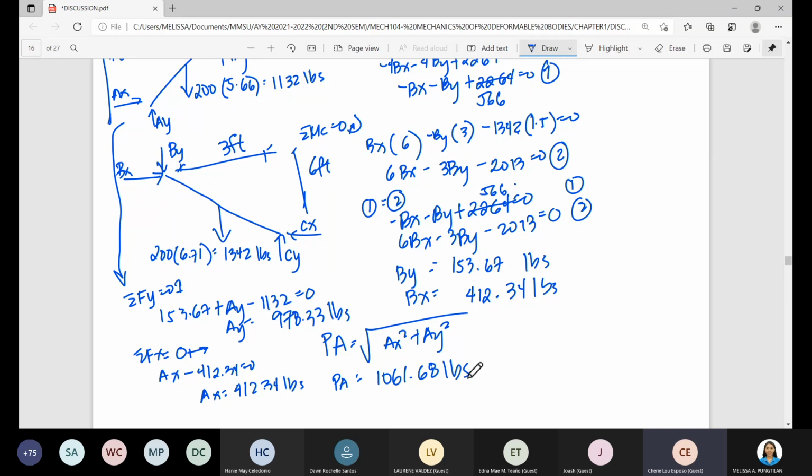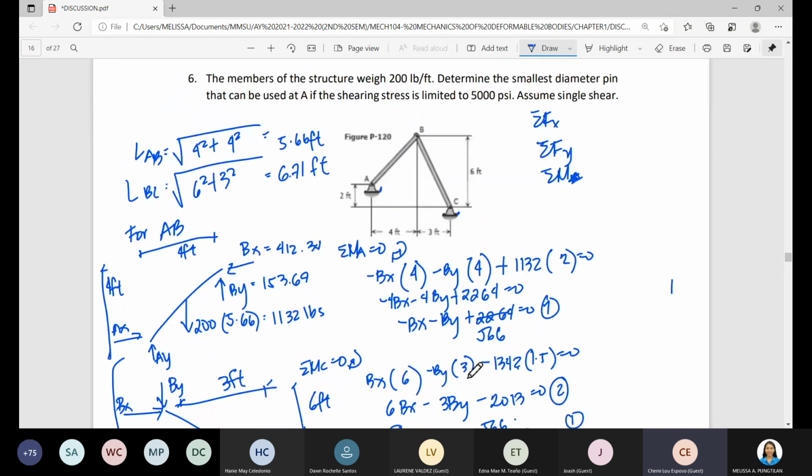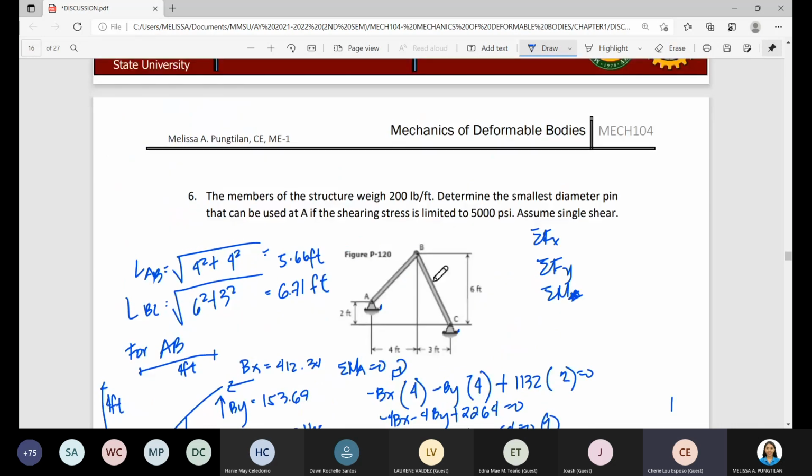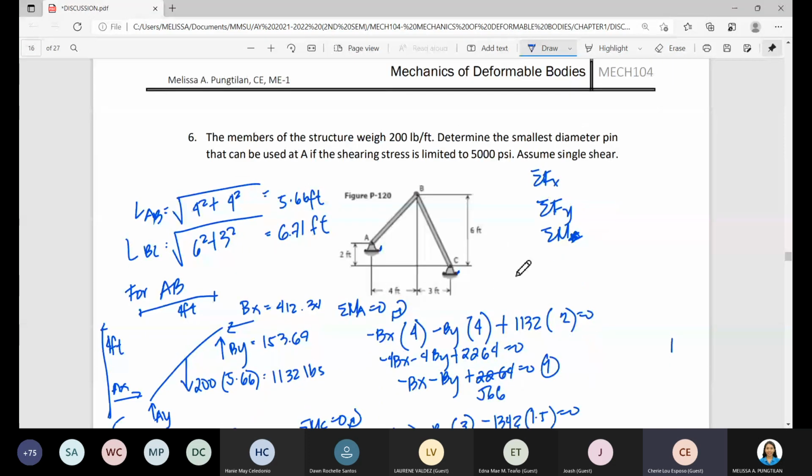So ano ba yung hinahanap ng problem? Smallest diameter pin that can be used at A if the shearing stress is limited to 5,000 psi. Assume single shear. So, single shear daw siya. So, kung titignan natin dito sa A, gawin natin yung elevation niya. So, this is support at A. Ayan.